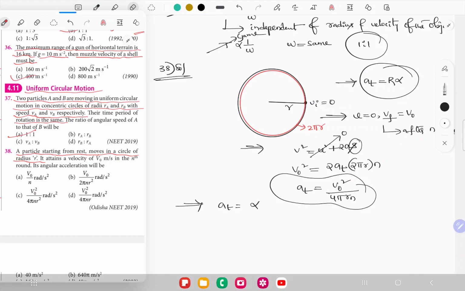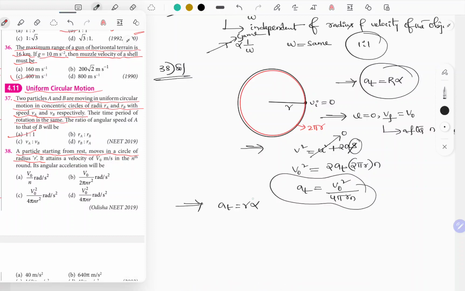Here it is a small r, not capital R. Then at is equal to v0 square by 4 pi r n, which is equal to r into alpha. Then alpha is equal to v0 square divided by 4 pi r square n.